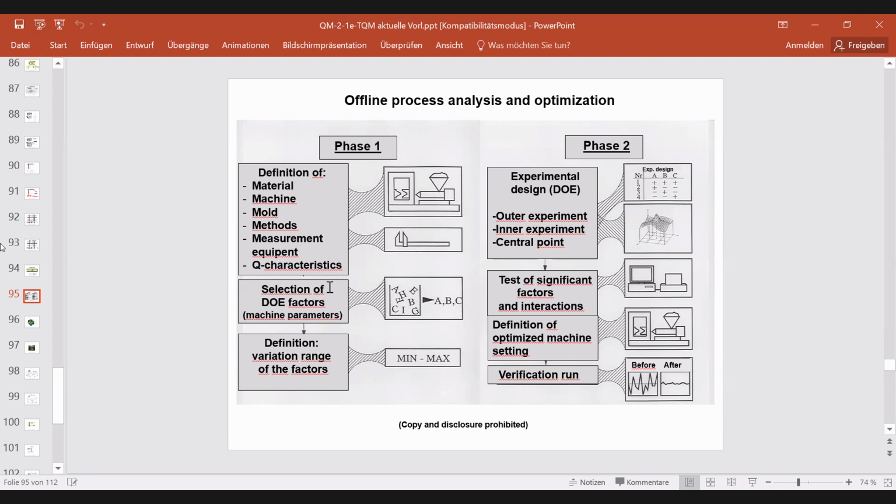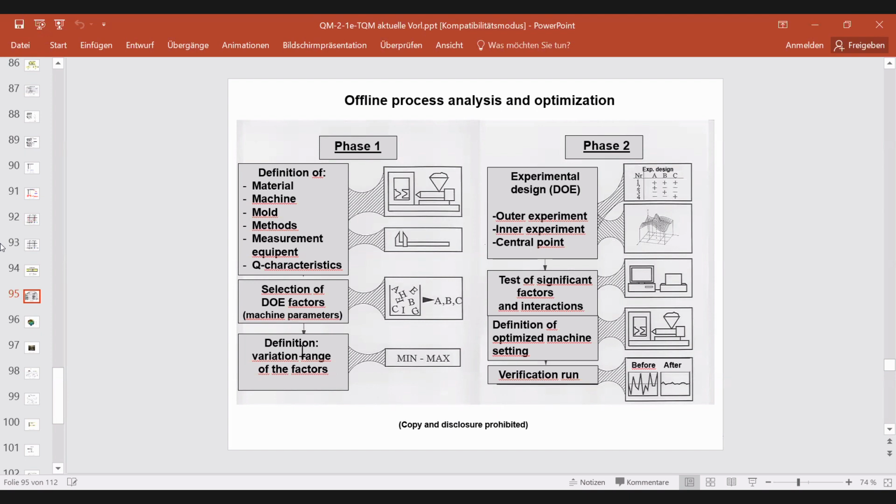And the art is to find out only 3 or 4 parameters. There are a lot of parameters, of course, but you need some experience to find out what are the most important factors, the most important parameters on the quality. And these are the parameters to be taken into the experimental design.